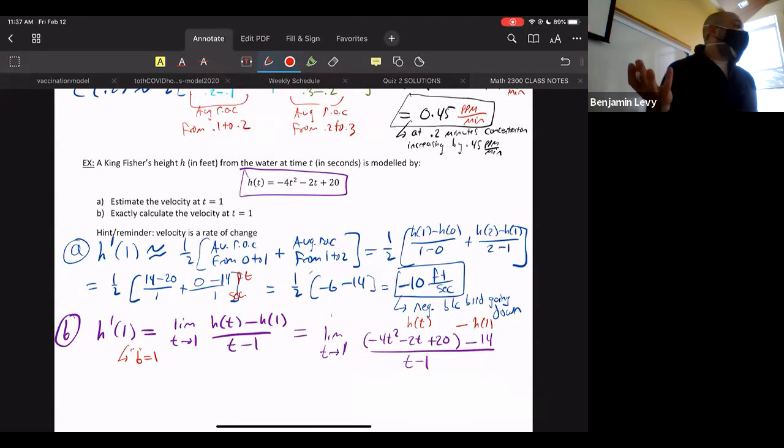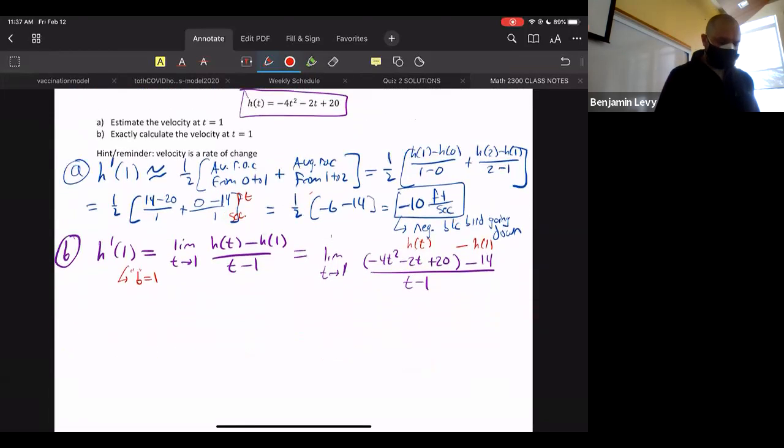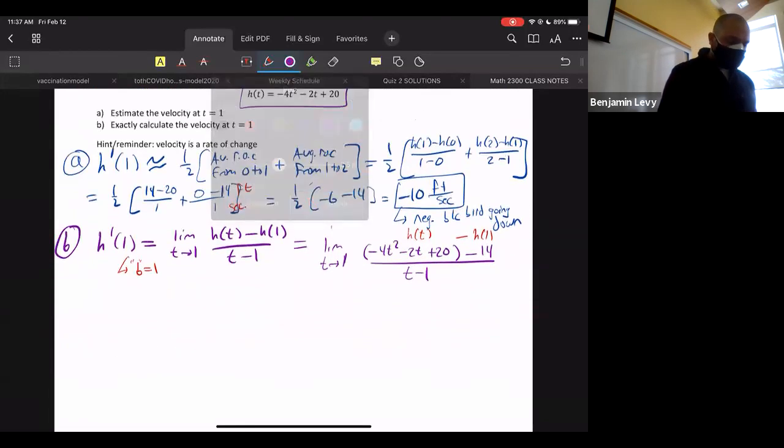Because if that makes sense, at this point we're just doing the things that we know how to do. It's going to be indeterminate. We're going to factor and cancel. We know how to do this from now. So thoughts? Seems okay? All right, let's just keep going, and we simplify things down and use the techniques that we learned.